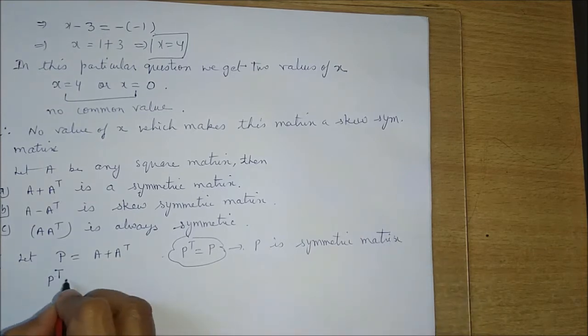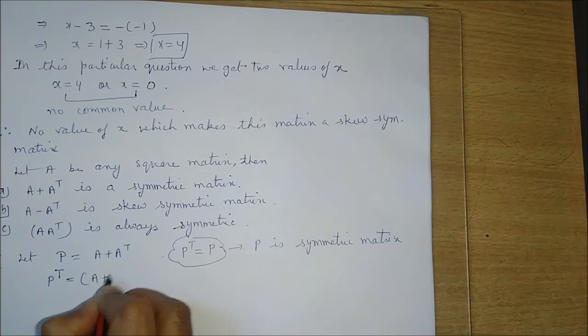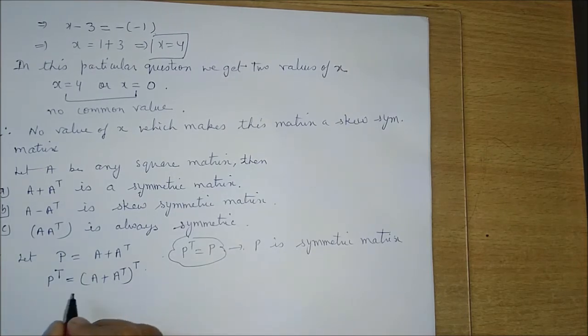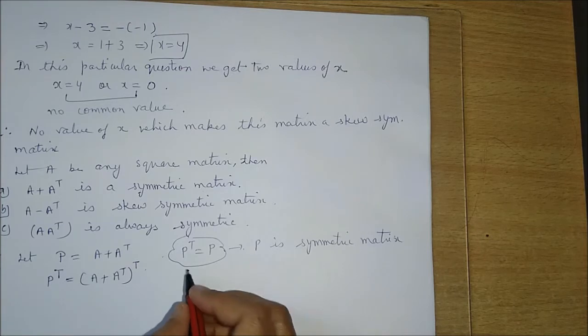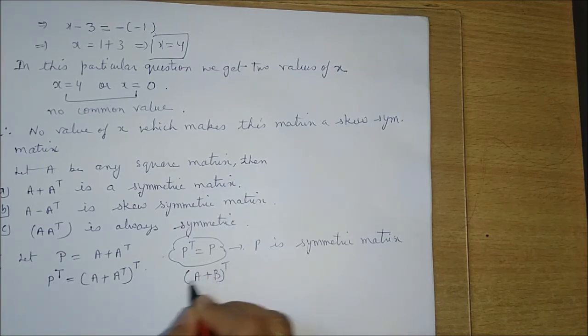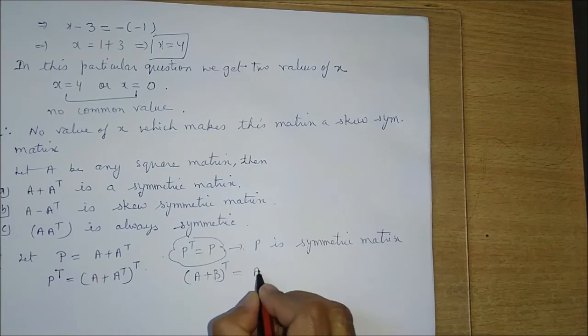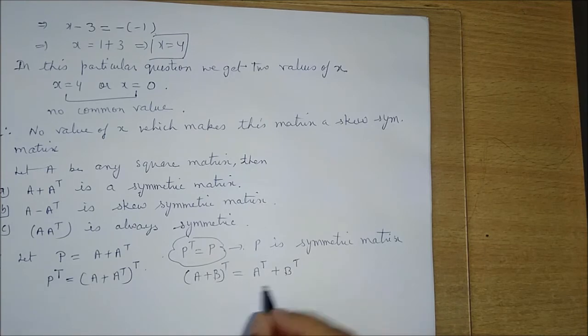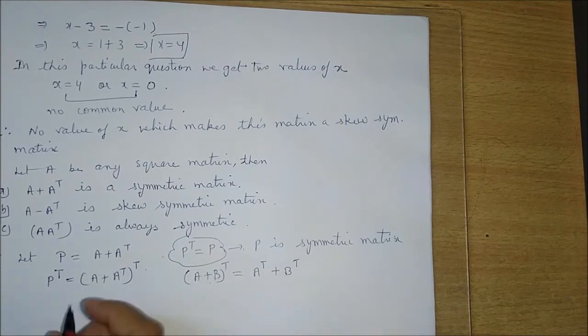So P transpose is equal to A plus A transpose whole transpose. Now for solving this one, we have done one property earlier also, that A plus B whole transpose will be equal to A transpose plus B transpose. We will apply the same property here also.